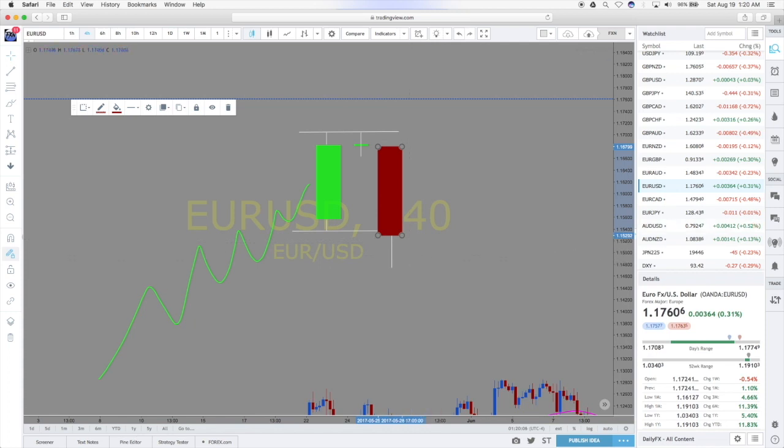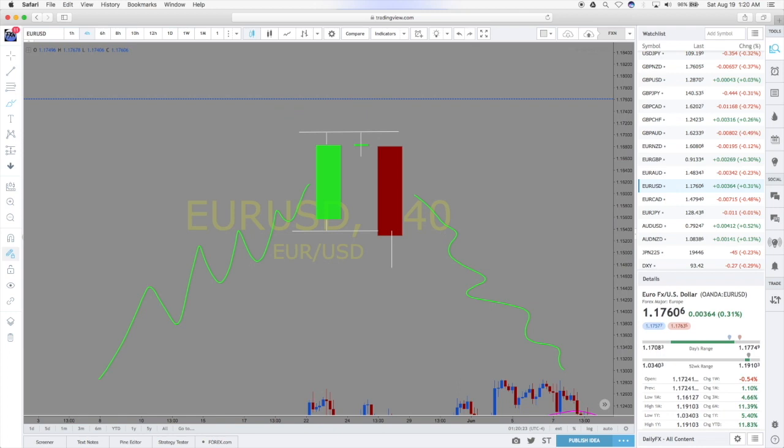So that would be an inside bar setup for a bearish pair, or a reversal sign for going bearish. So it'll start to go down: going up, indecision, and then comes down again.